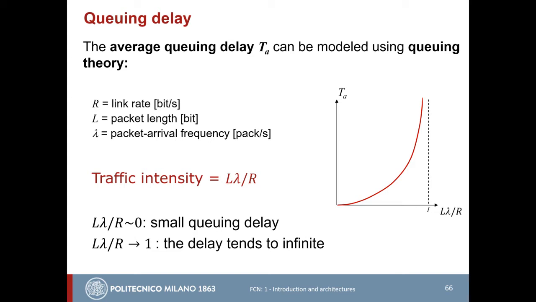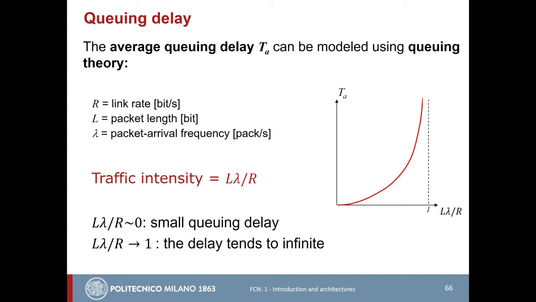We develop this theory under some assumptions regarding the arrival process and the distribution of packet lengths. We will not get into the details of these assumptions, since this is not true for every system, but only for specific systems. Then the result of the queuing theory is like this.